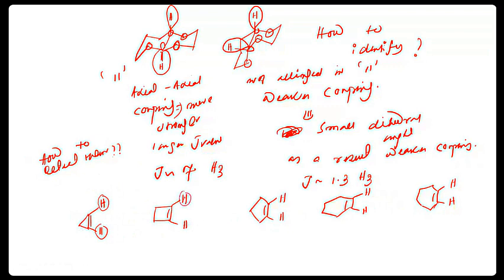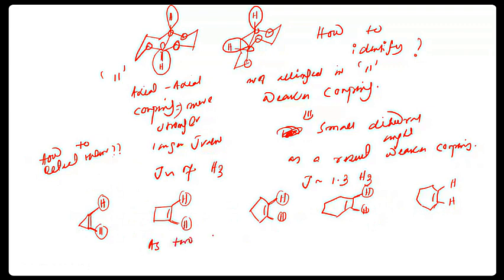Here, quite closer, again more closer, more closer. Look, the bonds become closer. Since coupling is a through-bond effect, these bonds are becoming closer from this to this. That's why there is a gradual increase in coupling constant. As the bonds become closer to each other, there will be stronger coupling.